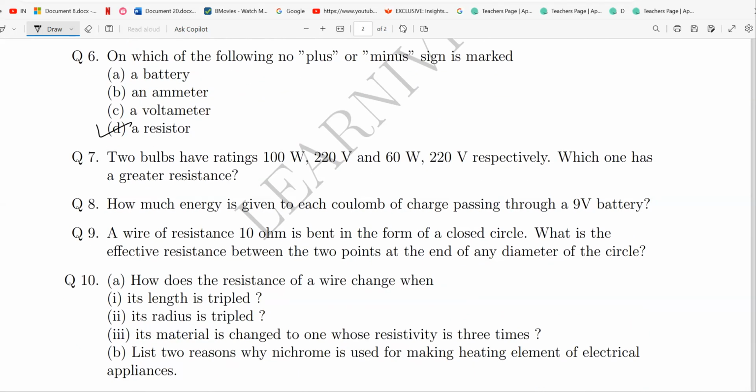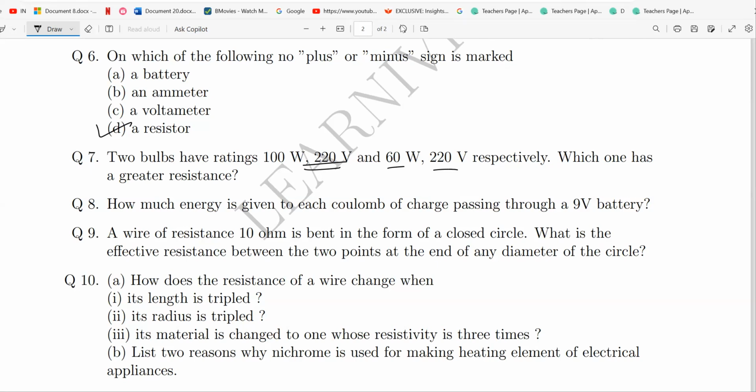The next one: two bulbs, 100 watt and 60 watt, both rated 220 volt. Which one has the greater resistance? Sir, the second one with 60 watt and 220 volt has a greater resistance. Yes. If they are alone, single, then the more powerful bulb is going to have less resistance.